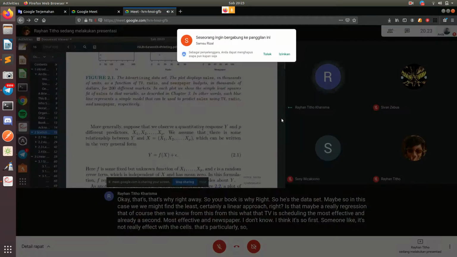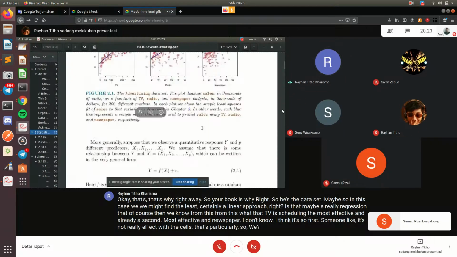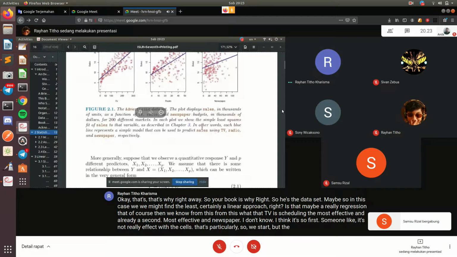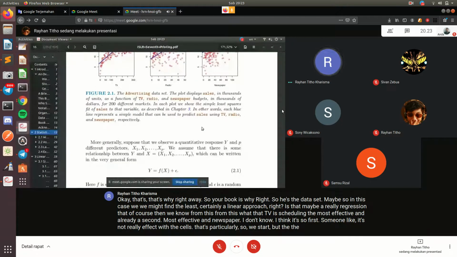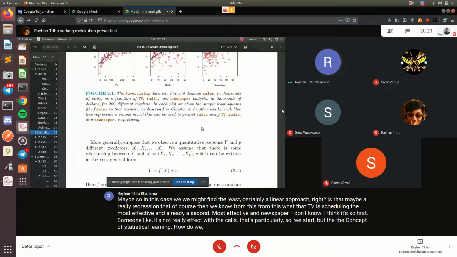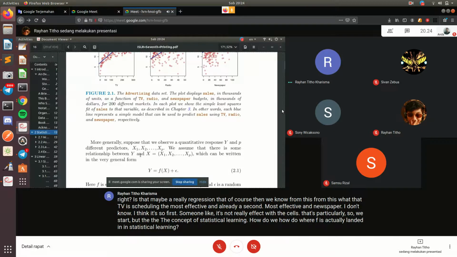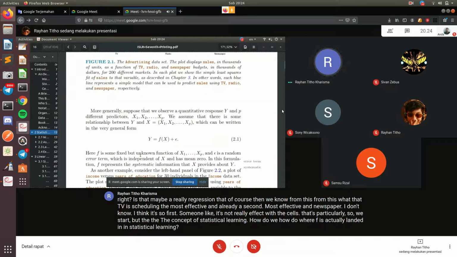So we've talked about the concept of statistical learning, and where F actually lands in statistical learning.